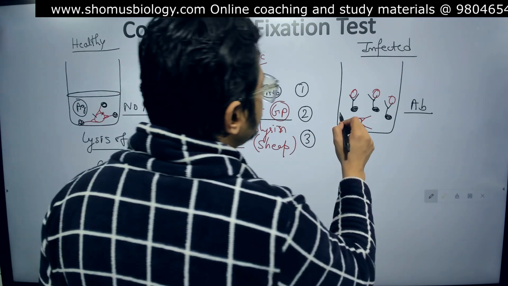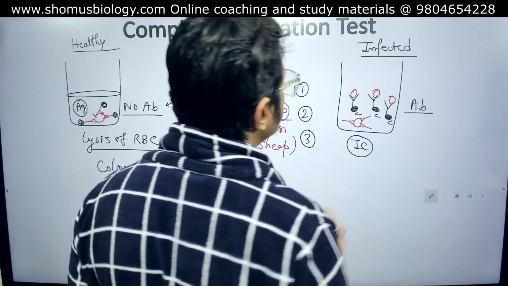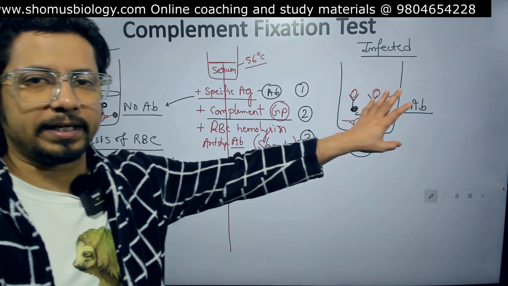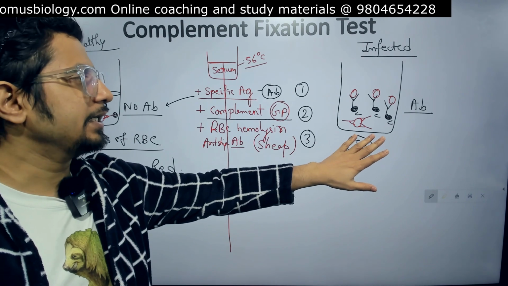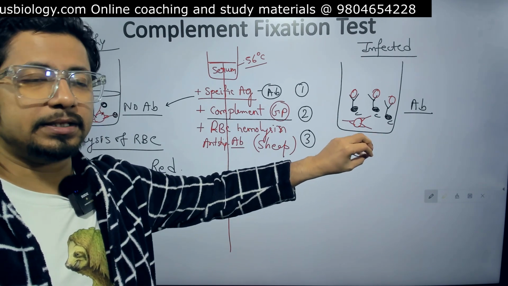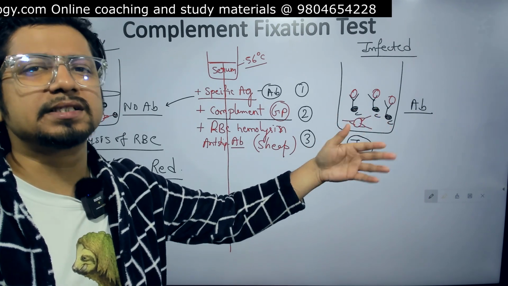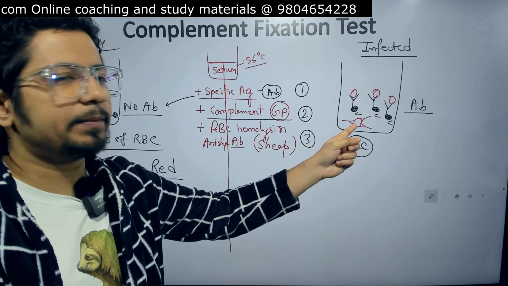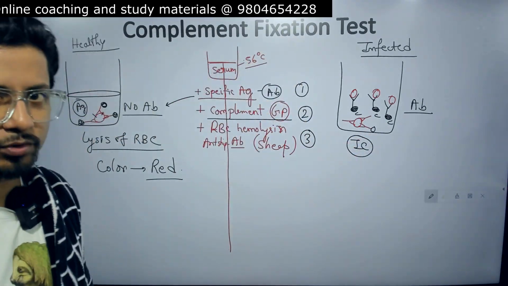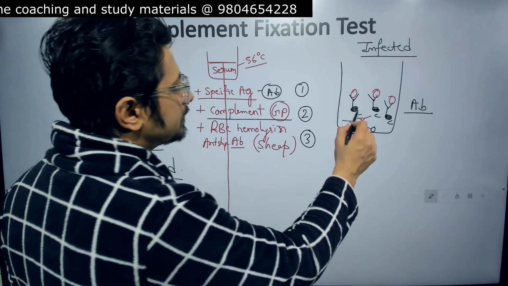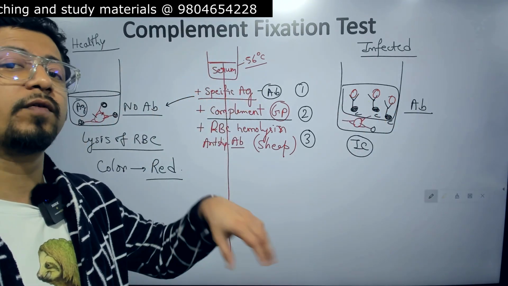Here you need to give sufficient time for the complement proteins to interact with the immune complex, and as the immune complex is already formed on the right hand side, the complement that we provide cannot fix anything further because there is nothing to be cleaved here. Even though RBC is there, the complement should bind to cleave and destroy the RBC, which is not possible because the complements are already bound to the antigen antibody complex which was formed before.